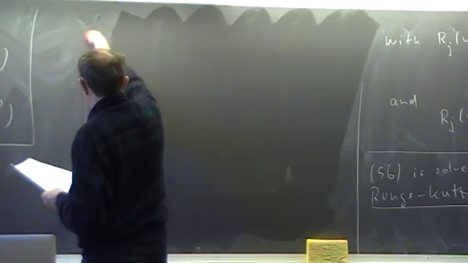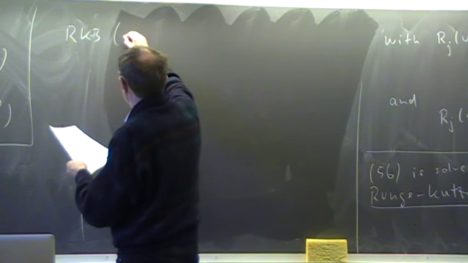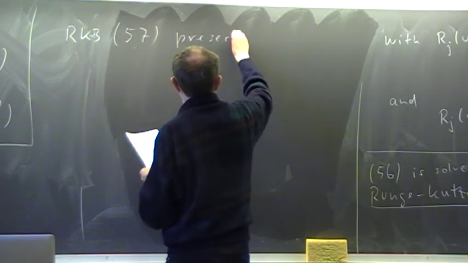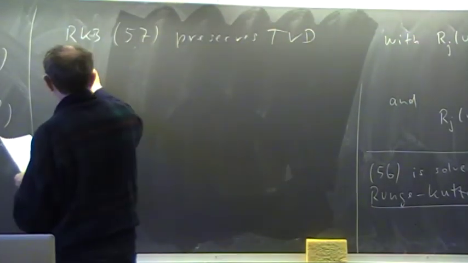Call it the RK, or I call it RK3. That is the method 57. It preserves the TVD property in time.